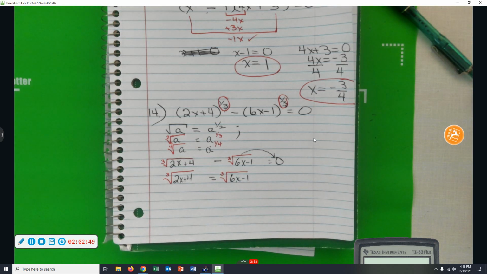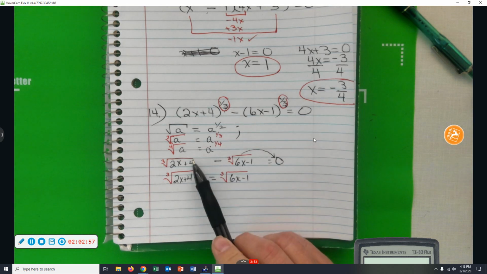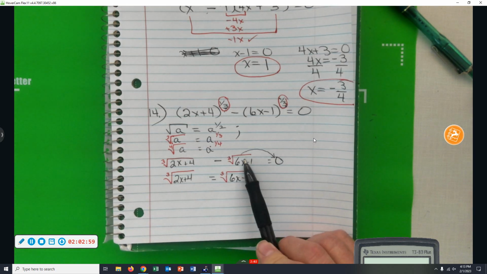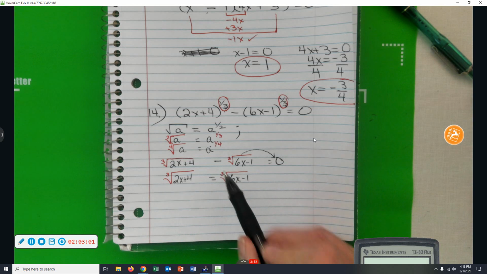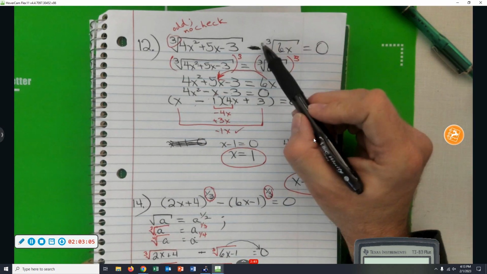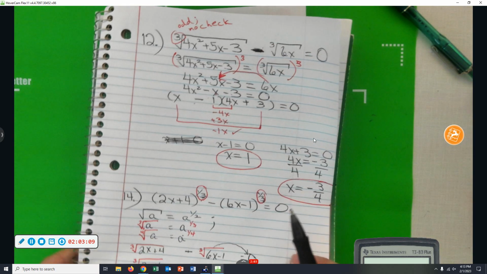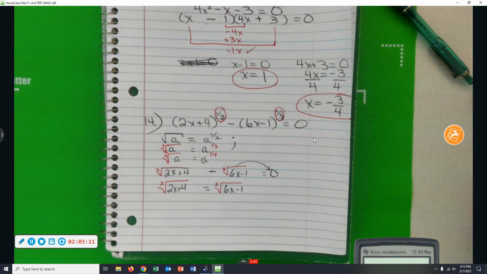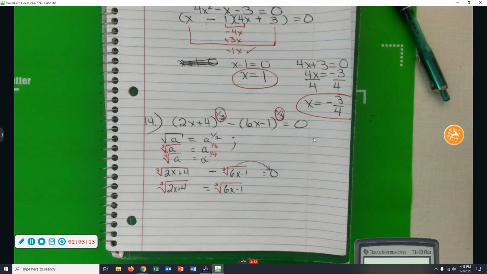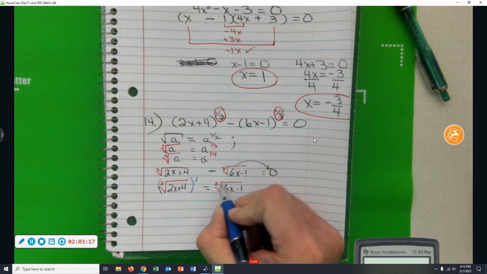Are y'all following what I did? Well, I wrote it replacing the 1/3 with the cube root. Yeah, there would be a negative in front of it because you would have to add. Yes, you have to move that over. Just like up here, we moved this over, and that negative became positive. Now, cancel out the cube root by cubing both sides.